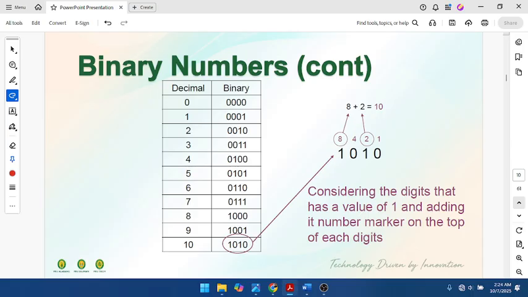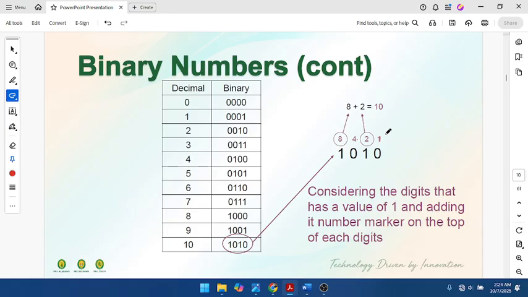Another example we have here is 1010. So let's represent here 1, 2, 4, 8. We multiply by 2 because it's base 2.